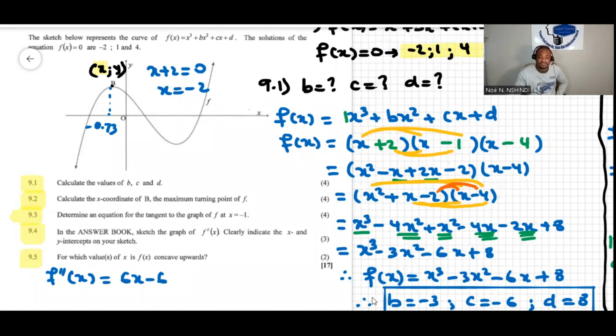So we're going to see for which values of x this second derivative will be more than 0. If I move the minus 6 over, we have 6x is greater than 6, and dividing both sides by 6, we get x greater than 1. So it's for x greater than 1 that the function will be concave up.